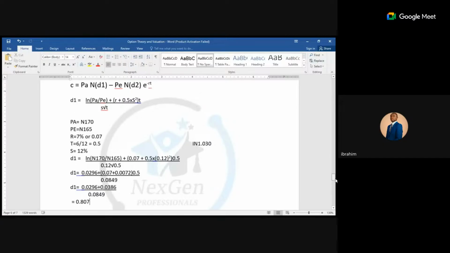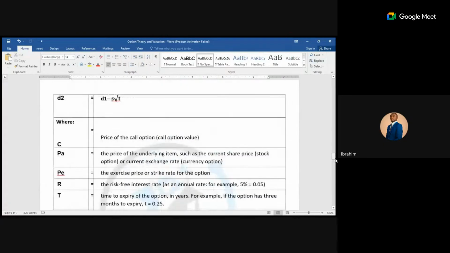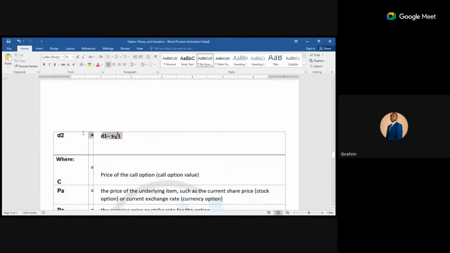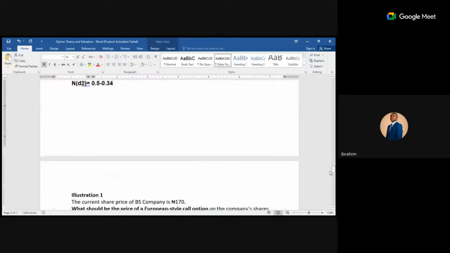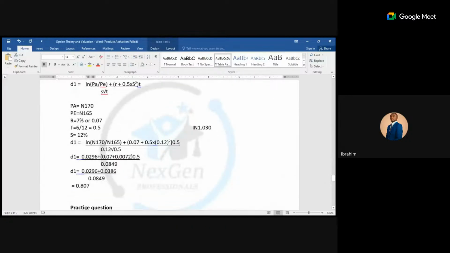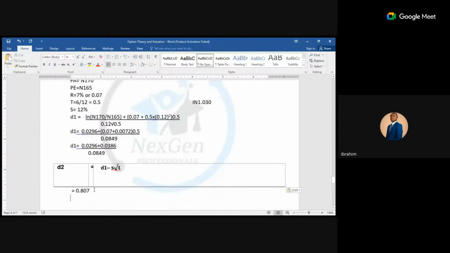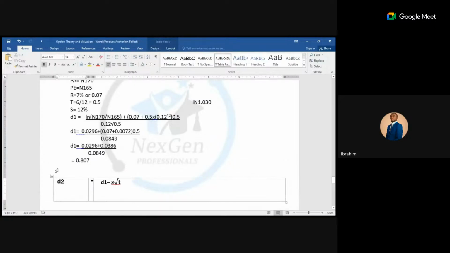And what will be the D2? What is our formula? D2 uses D1.